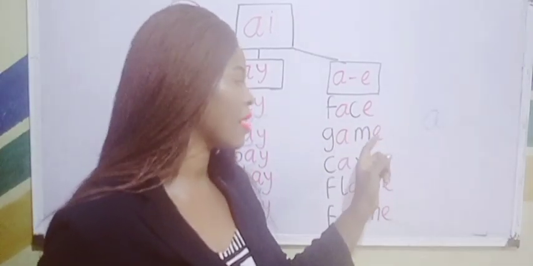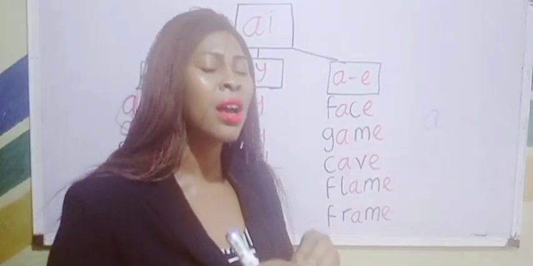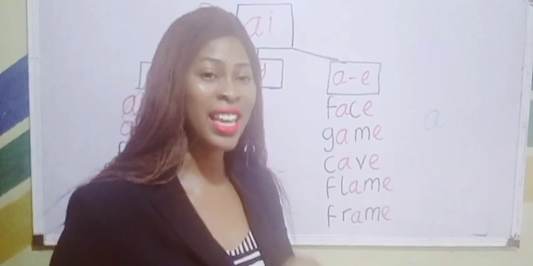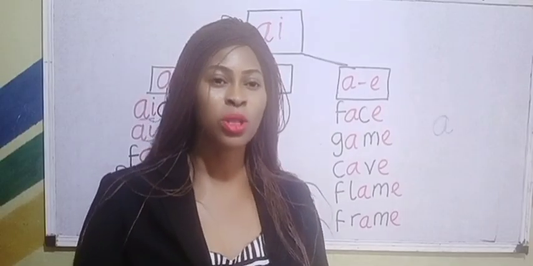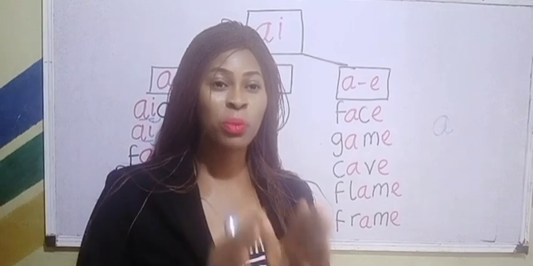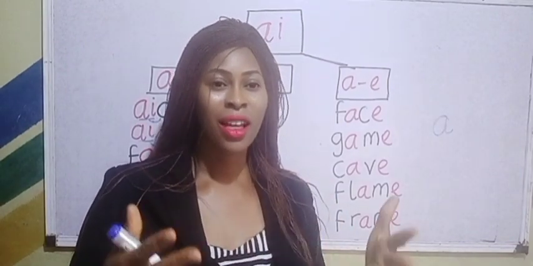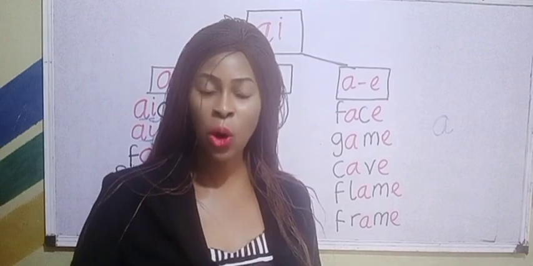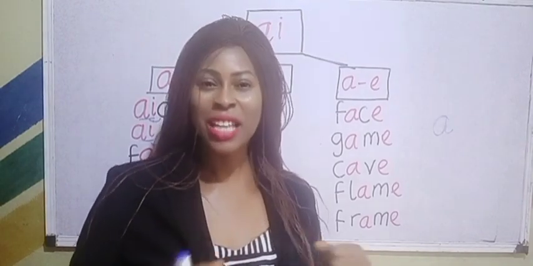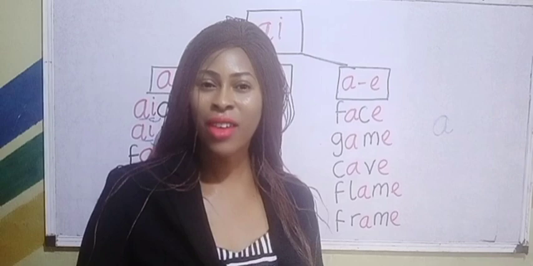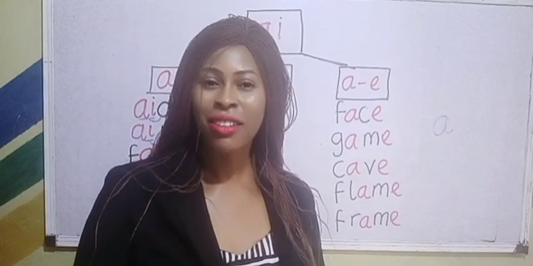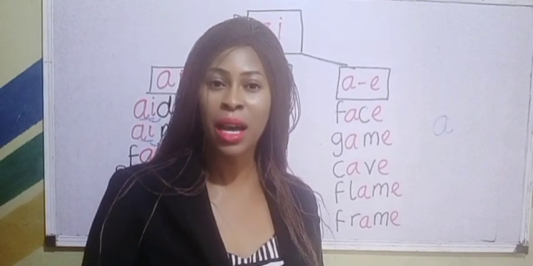This silent E sometimes could be called magic E. I want you to know something. When you're about to blend a word that ends with silent E, which is also called magic E, it is called magic E because that E influences the vowels or the sounds that come before it.